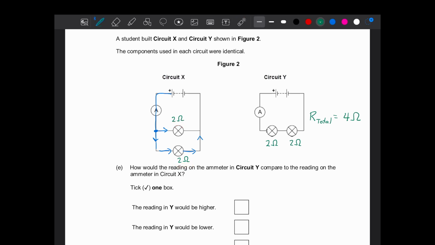You'll be happy to know that you're not actually expected to calculate a numerical value for total resistance in parallel, but you are expected to know that it is less than 2 ohms in terms of total resistance for this parallel circuit on the left. This is true in general.